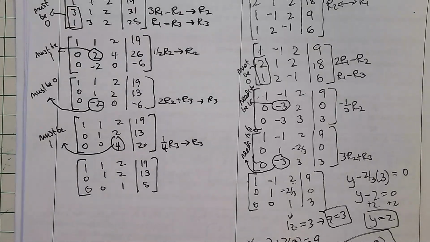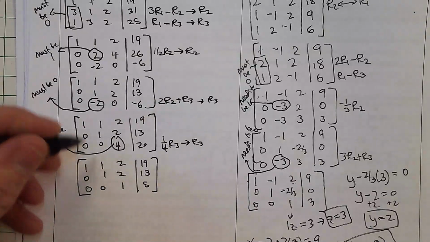All right. This is the form that you need. This is the row echelon form. You can get a different one from your graphing calculator. I'm going to write equations from this, okay?